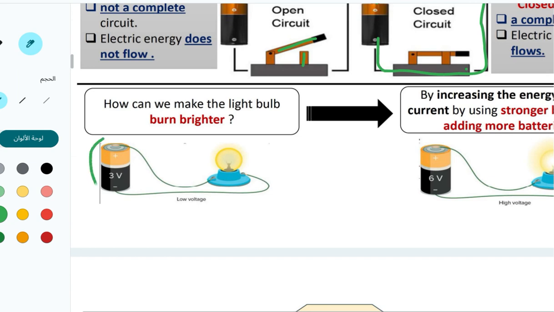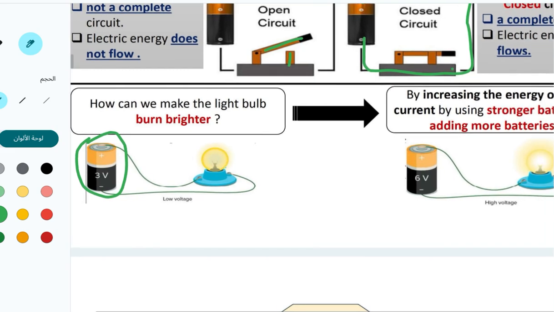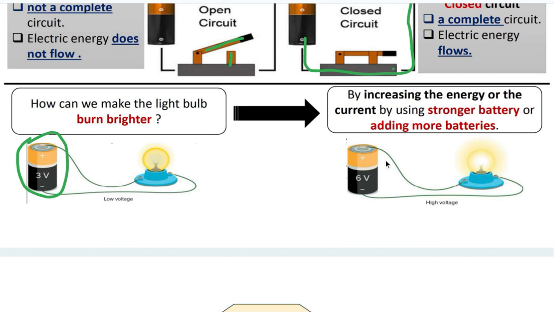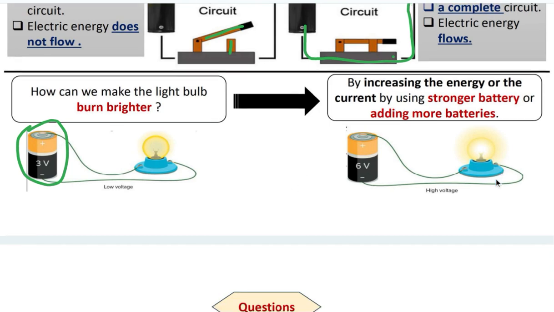So when we created circuits in class, we were using a 1.5 volt battery. And then we got a dim light. By increasing the voltage, adding more and more batteries, our light was able to shine brighter. That brightness was due to increasing that voltage here. So when you went from 3 volts to 6 volts, in this case of the pictures, we can see that the light shines brighter.